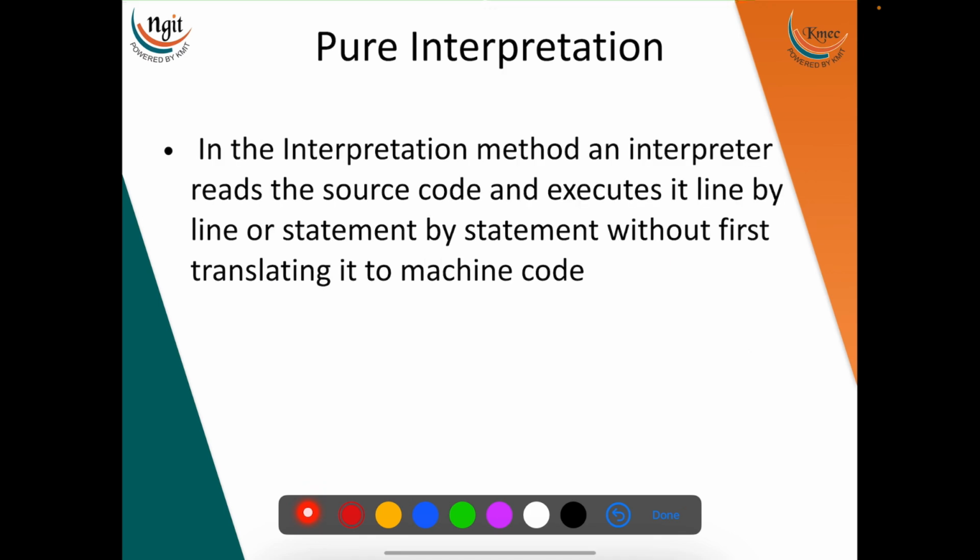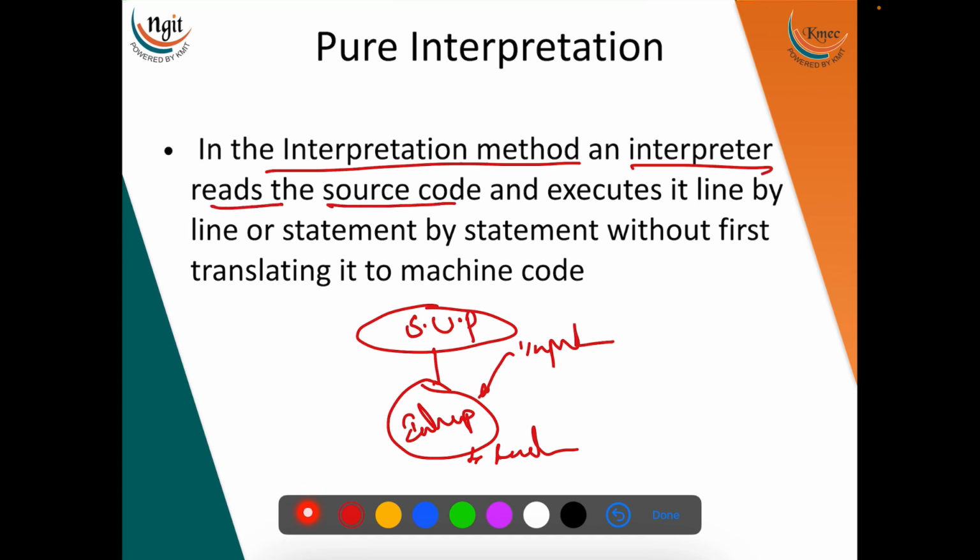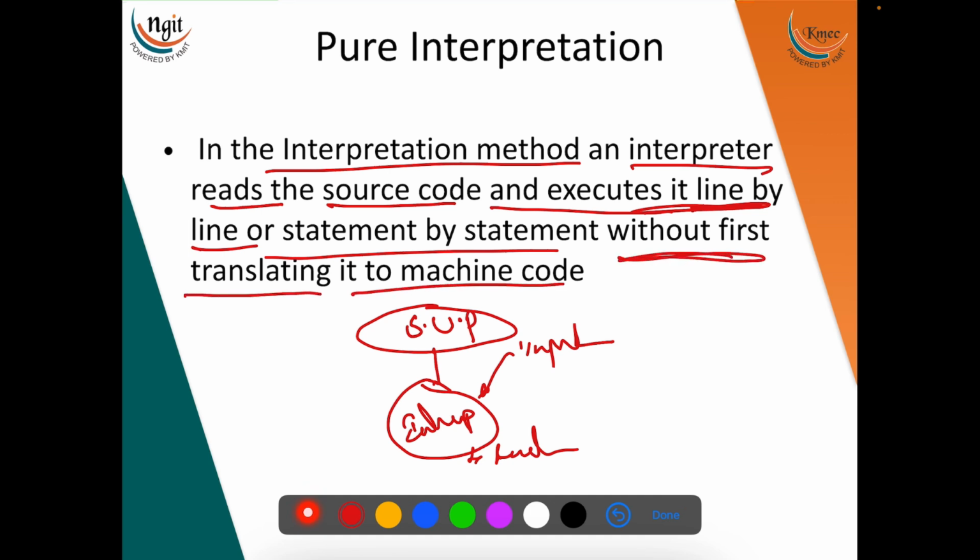Now I'll draw a diagram of how it does the implementation process. Let's assume that you wrote some source program. Now you don't have any other phases. We will have an interpreter, and we'll give some input data to get our code implemented, and we'll get some result. So that is pure interpretation. In the interpretation method, an interpreter reads the source code and executes it line by line or statement by statement without first translating it into machine code.